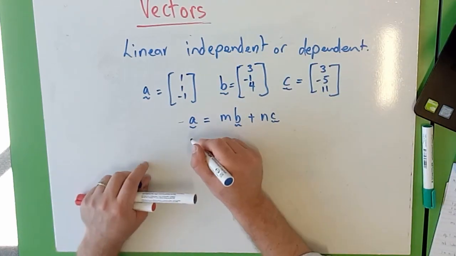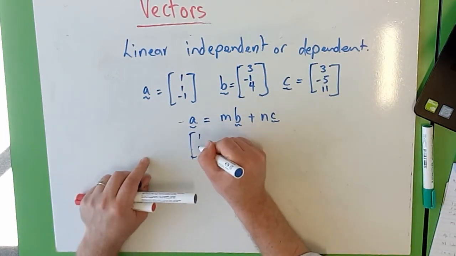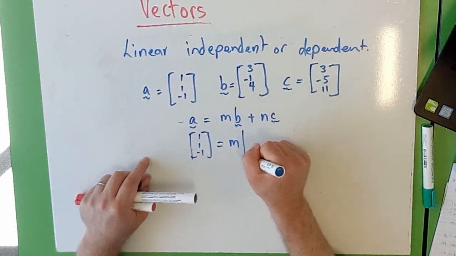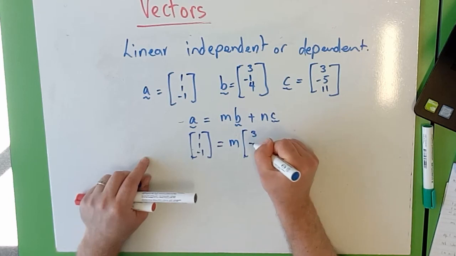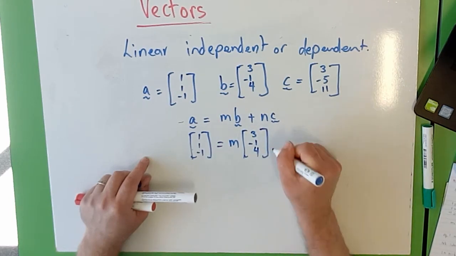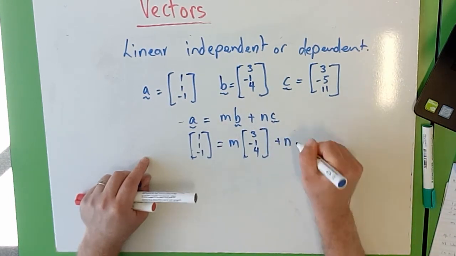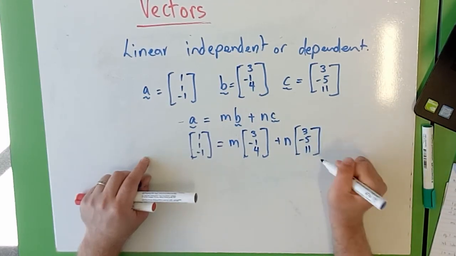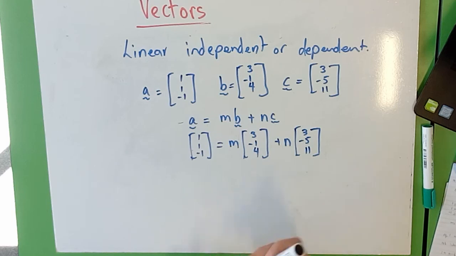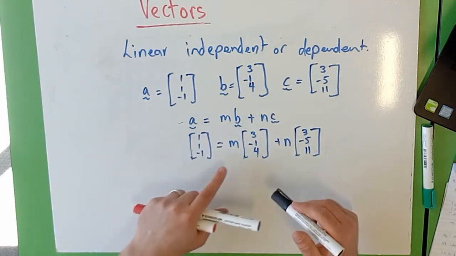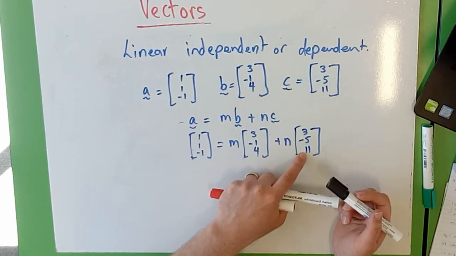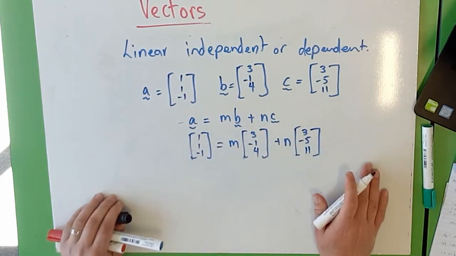So if I write that out, I've got (1, 1, negative 1) equals M times (3, negative 1, 4) plus N times (3, negative 5, 11). Now I could split these up because M is going to multiply by all of these and N is going to multiply by all of them. So let's split it up into some nice easy equations.